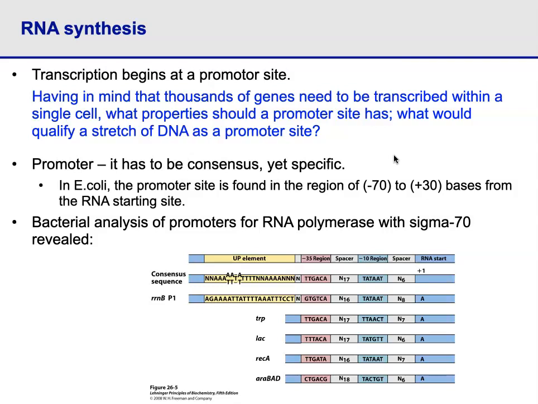Also, the variation within the sequence, within the site, will determine the variability in the strength of the binding. Some sites will have higher affinity for a sigma or for the protein binding. Others will have weaker.